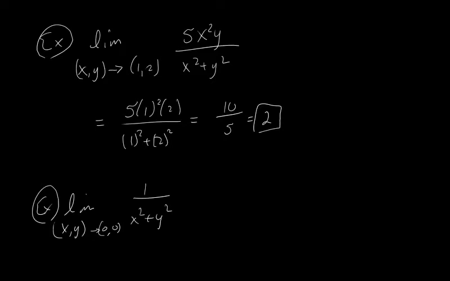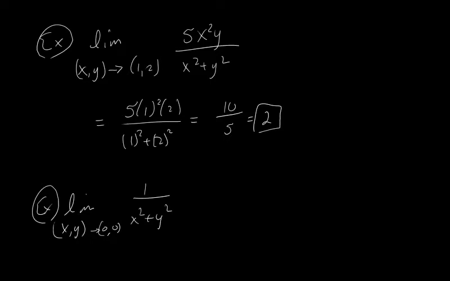No matter what x, y we choose, when we plug those in, we're going to get a number that is 0 or greater. As x and y both approach 0, the denominator is going to become smaller and smaller, so the quotient becomes larger and larger. And because the denominator is approaching 0, this is going to cause the entire quotient to go to infinity.